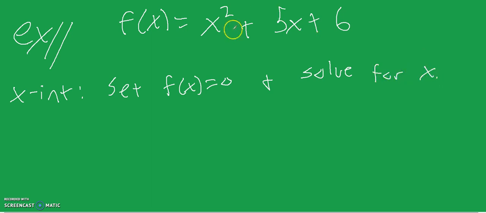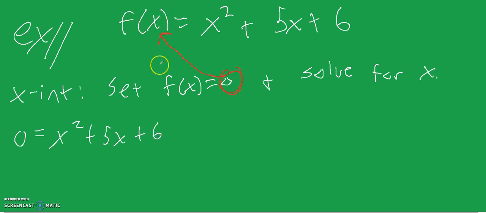What that really means is I take 0 and plug it in right here. I make f of x equal to 0 and solve for x. So what that looks like is 0 equals x squared plus 5x plus 6.